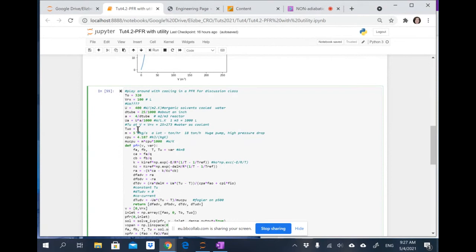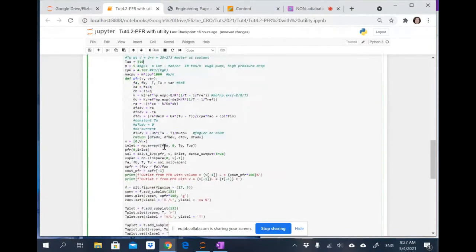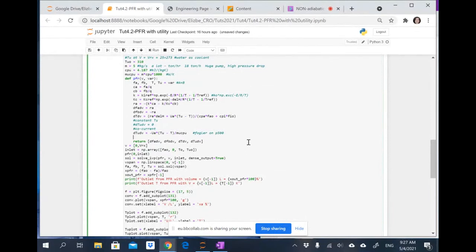So let's just guess a value of 310. So it is still 10 Kelvin colder than the temperature of my fluids at the point where my reactor volume is 0. And I must now just remember to change my energy balance for my utility.